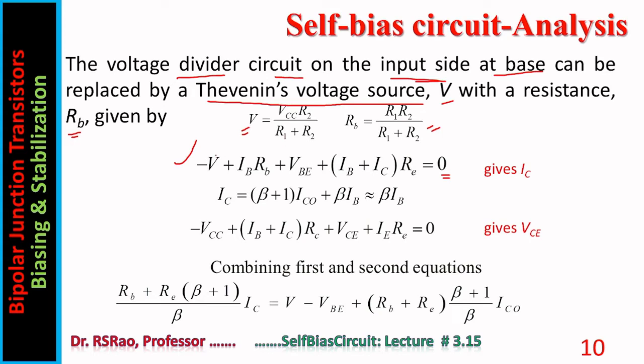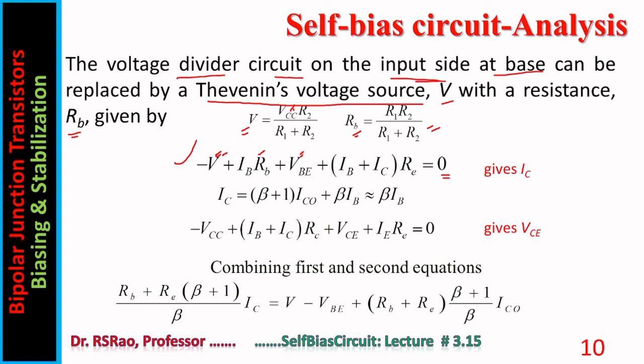In this equation, V is known, which is VCC R2 by R1 plus R2. VCC is known, R1, R2 are available. So V is known, RB is also known, as R1 and R2 values are available. So in the KVL on the input side, V is known, RB is known, VBE is some fixed constant.